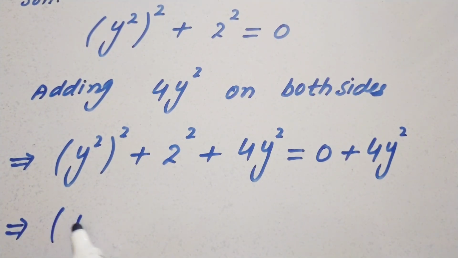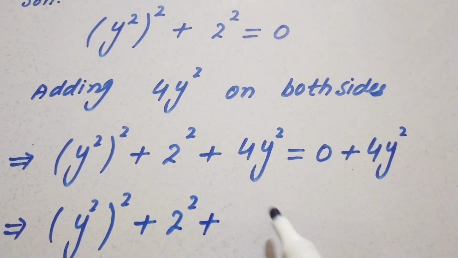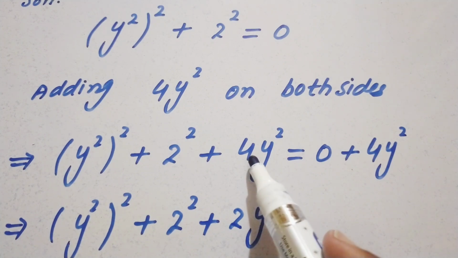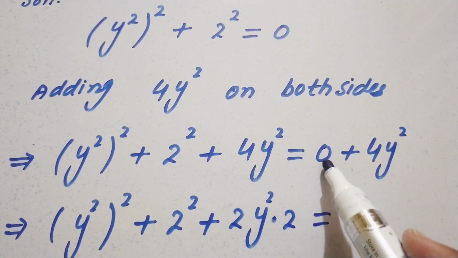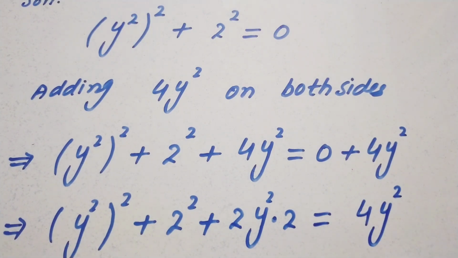This implies y square whole square plus 2 square plus 4 can be written as 2 multiplied by 2, 2y square multiplied by 2. 2 multiplied by 2 gives us 4, is equal to 0 plus 4y square is equal to 4y square.